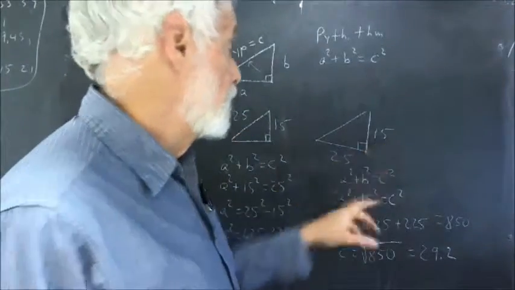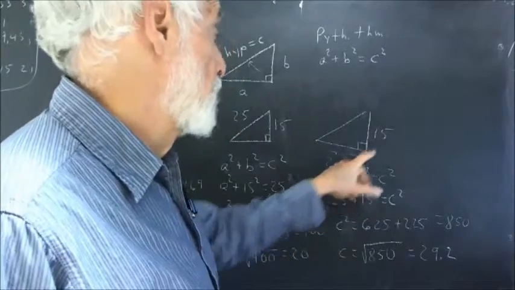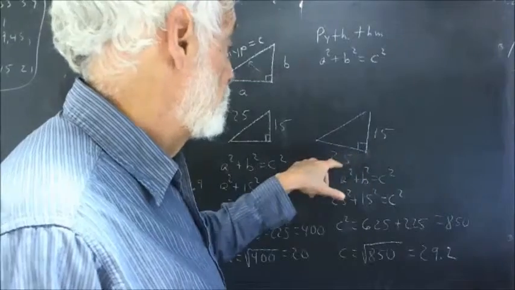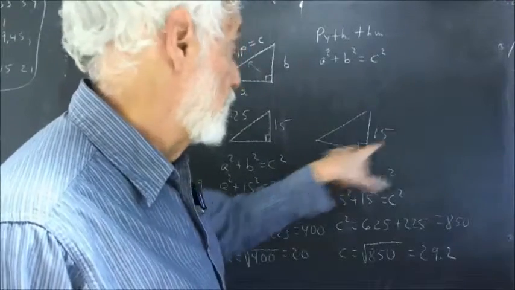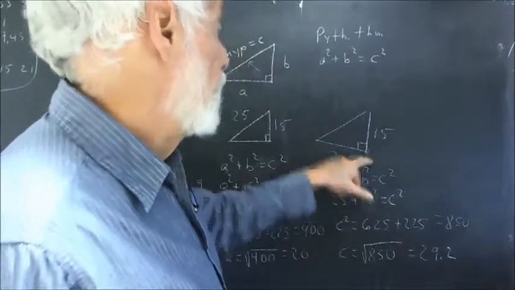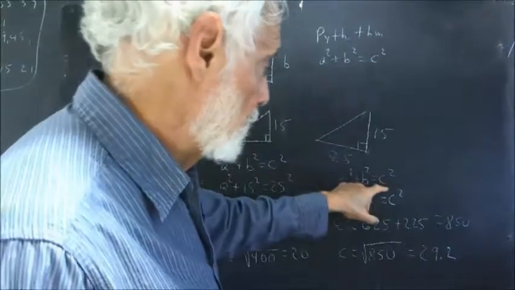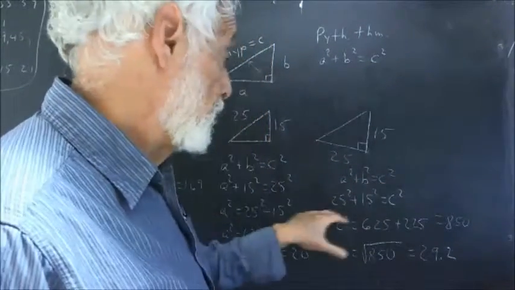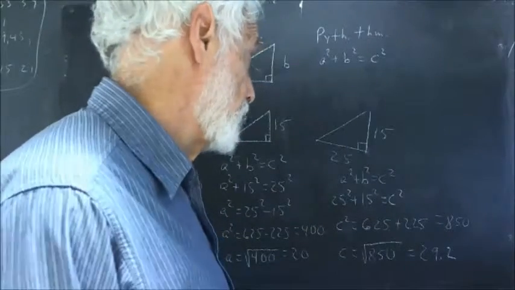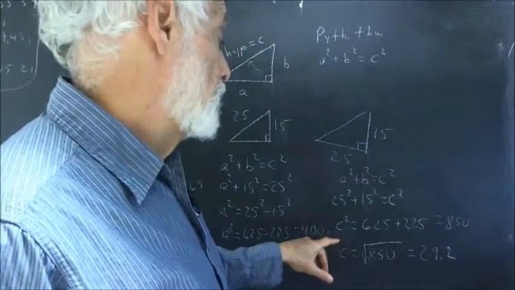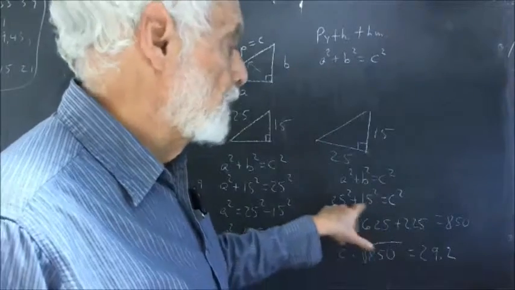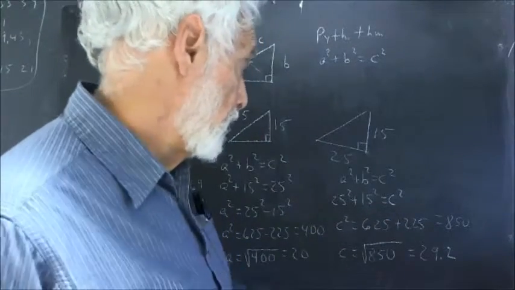So for this triangle, we can write 25 squared plus 15 squared equals c squared because the 25 and the 15 are the legs of the triangle, and the hypotenuse is what we're trying to find. So we get c squared equals, well, 25 squared is 625, 15 squared is 225.